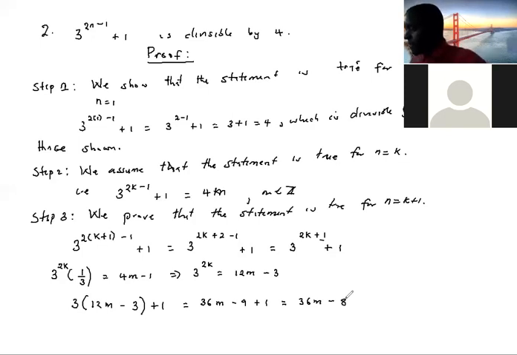Can we factor out 4 from this? Can 4 go into 36? It must, because 12 goes there and 4 goes into 12. So it must go 9 times. So I'm going to have 4(9m minus 2), which is divisible by 4.